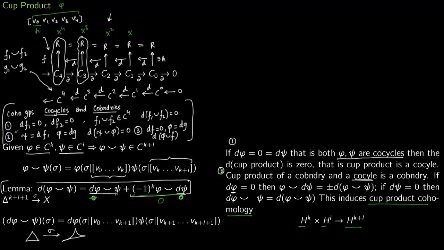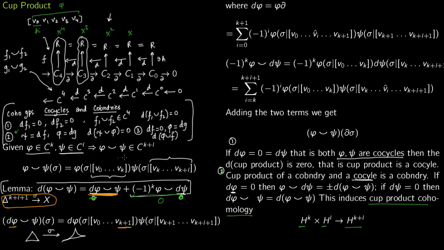So let us focus on this term first for the proof. You copy it down, apply it on sigma. So you apply this first d phi on k plus 1. Notice that now this sigma is acting on k plus l plus 1. Here in the definition we were acting on k plus l. The sigma had k plus l vertices.